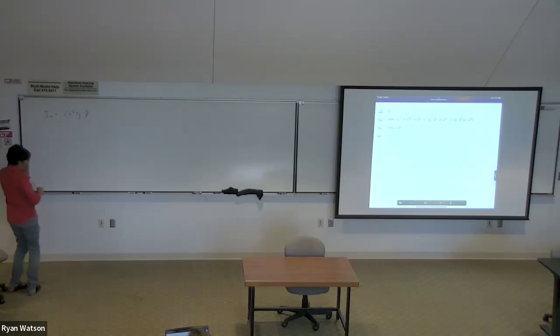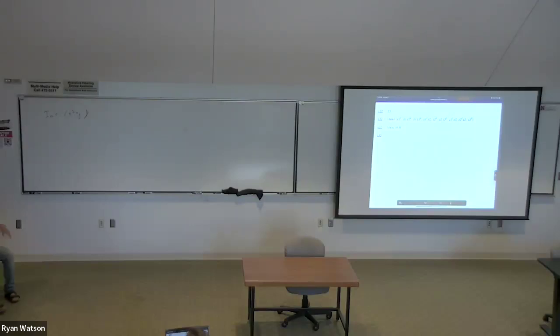Okay, great. All right. So I wanted to start by showing something on Macaulay 2, and then I'll start using the board. I have defined some ideals in Macaulay 2, which are all ideals in polynomial rings.